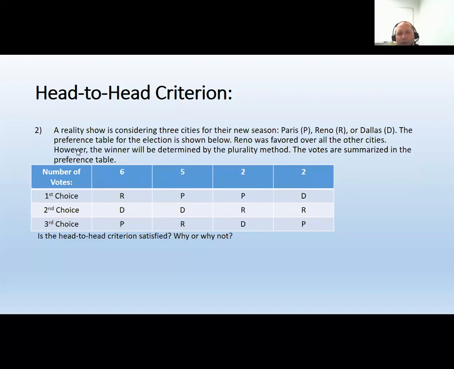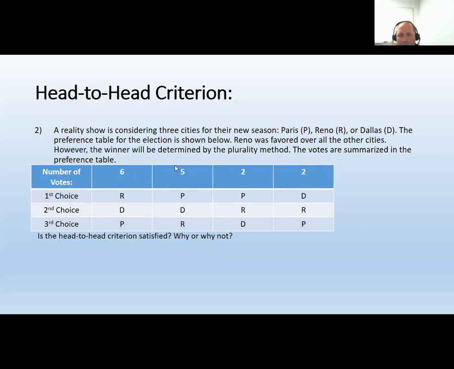For the head-to-head criterion to be satisfied, Reno should win by any other method. The winner is going to be determined by the plurality method, so Reno should win that. If Reno doesn't win that, then the head-to-head criterion is not satisfied.